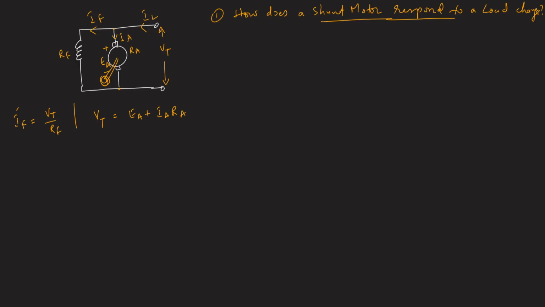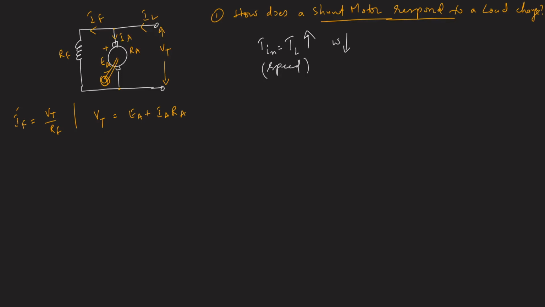If the load torque is increased suddenly, initially the induced torque and the load torque are equal and it is running at a steady, constant speed. Now suddenly I increase the load torque. When there is an imbalance in torques, the speed will fall.